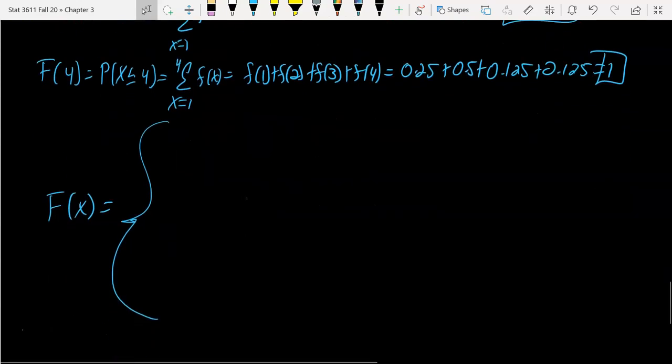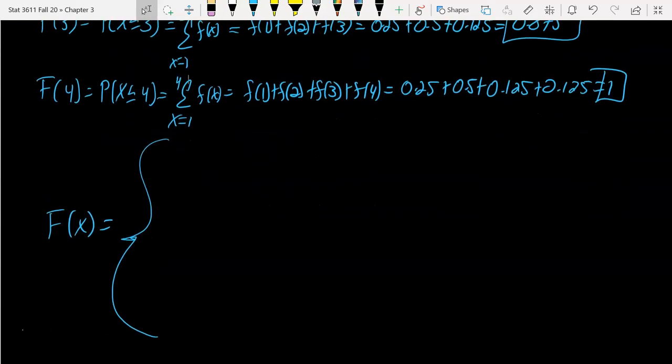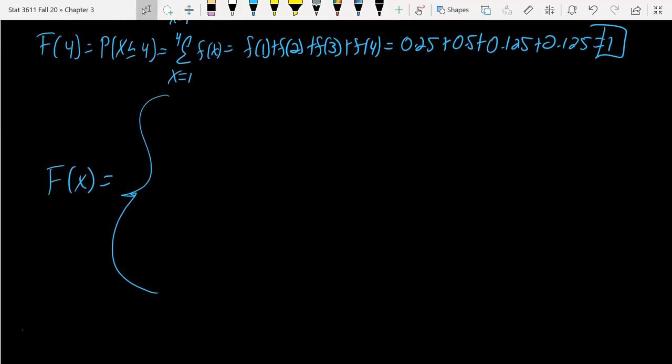So capital F of x, I'm going to start in the reverse. I'm going to start at the end here. If x is, what do we have here? X is less than or equal to 4. So capital F of x is equal to 1 if x is bigger than or equal to 4.